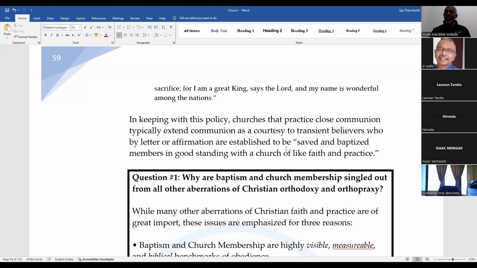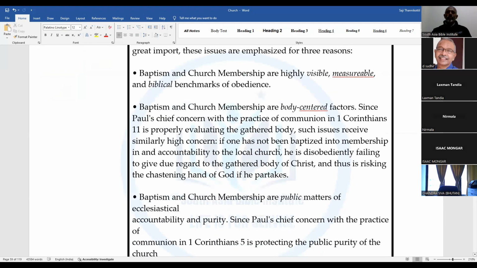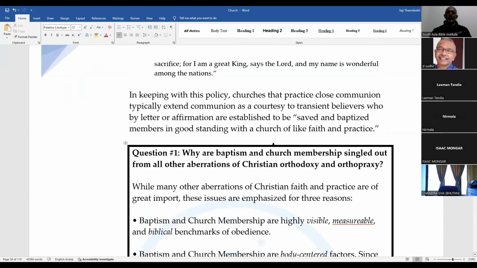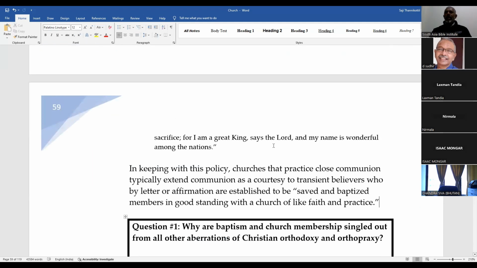Not closed, but close communion. Any evidence in the New Testament for close communion? Anyone who has an answer? You can just say evidence for close communion. No, you don't find?